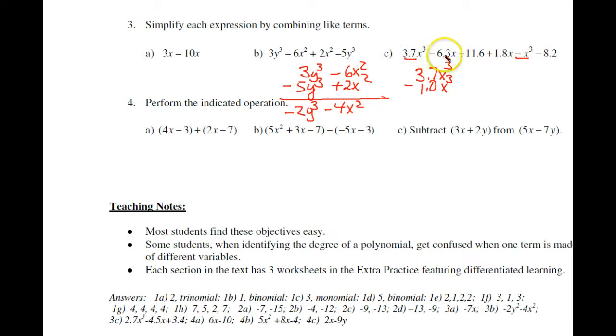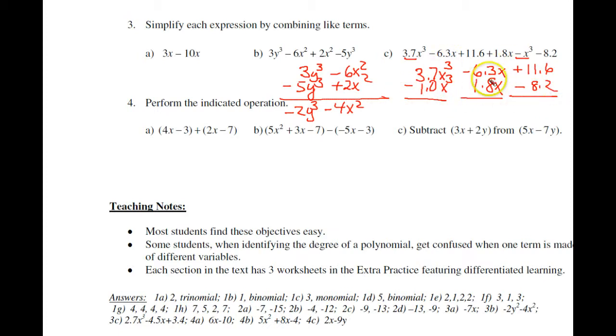Now any others? Well, yes, I have a negative 6.3x, and I have a 1.8x. Then I have here an 11.6, which is a plus, and a negative 8.2.